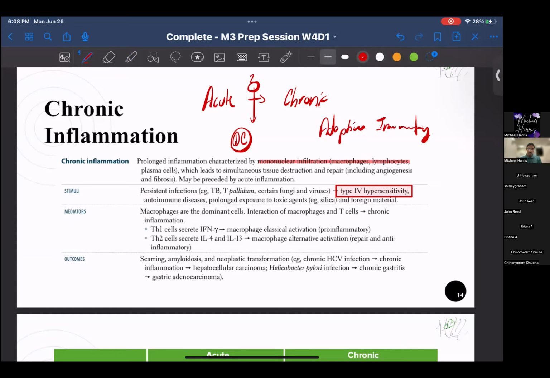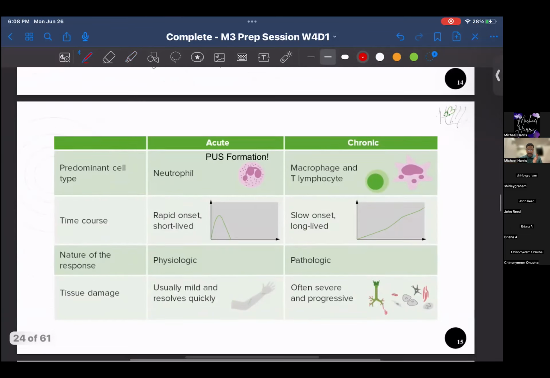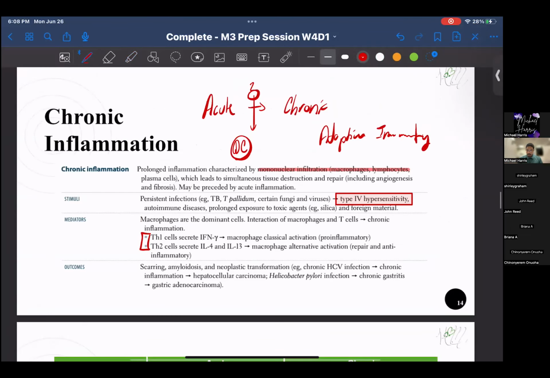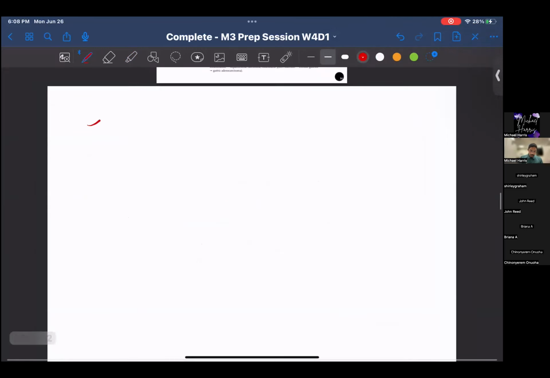Now, the next thing we're going to talk about is how chronic inflammation plays out with the different mediators. You have two different types of cells: Th1, which we've talked about, and Th2. So how does chronic inflammation present in both of those presentations?